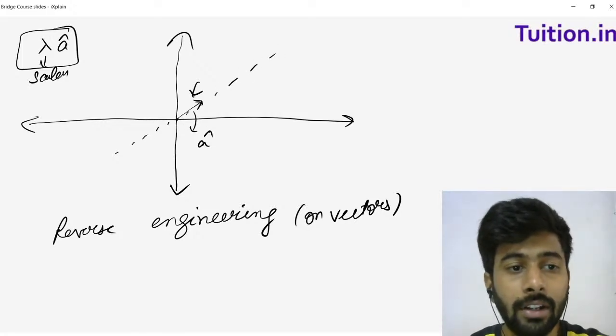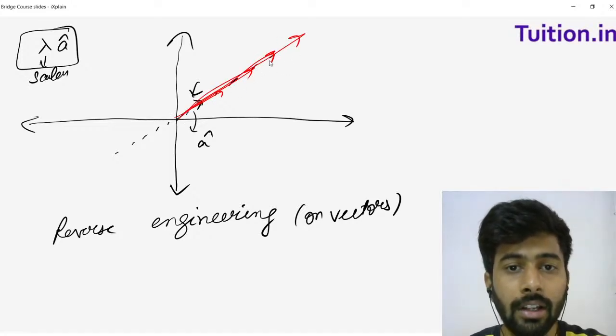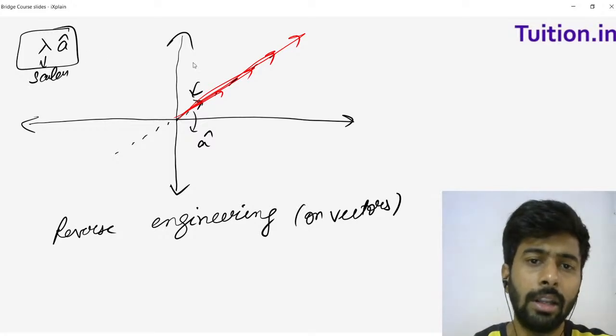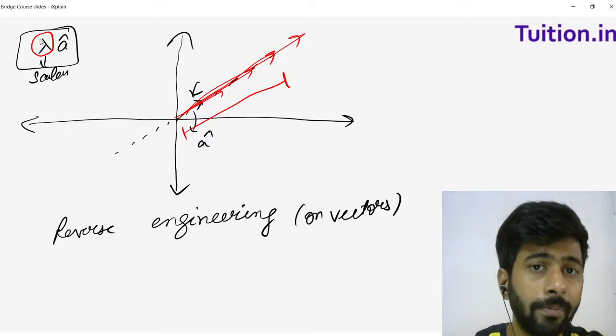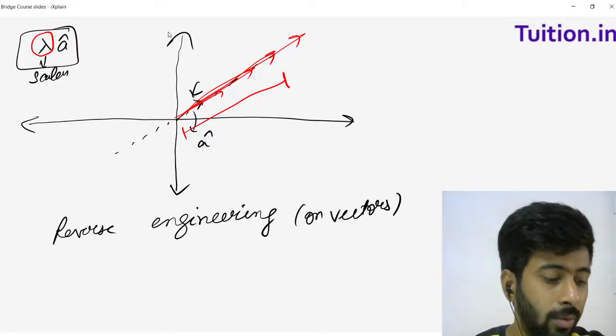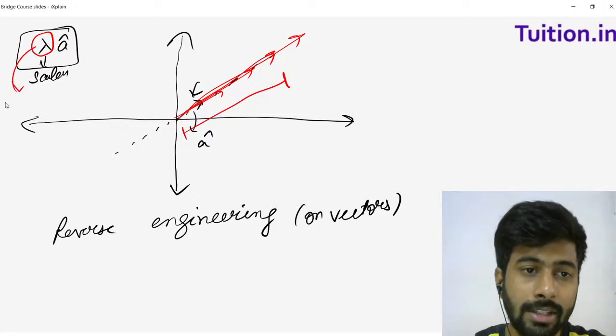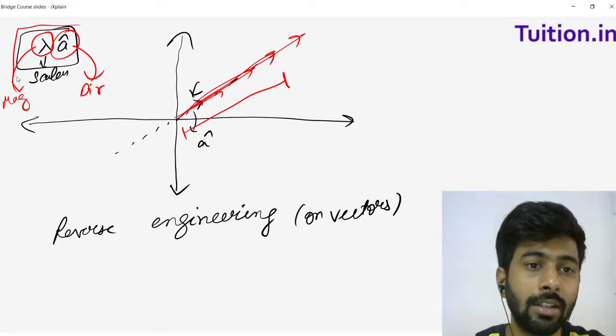You can get any vector pointing in the same direction. It can be anything. So depending on the magnitude of your required vector, you can choose a certain lambda, and then if you multiply that with a unit vector, you will get any vector in that direction. So lambda was taking care of the magnitude, and this unit vector was taking care of the direction of this new vector, right?